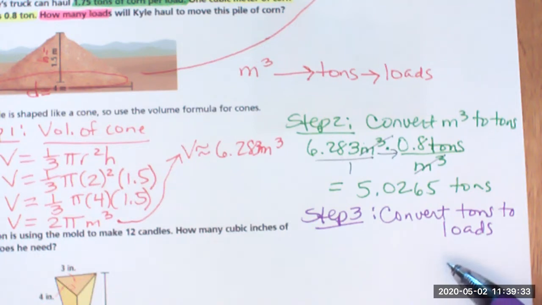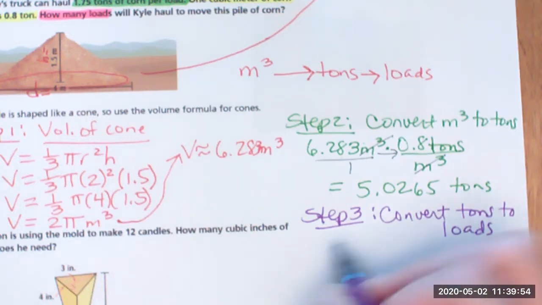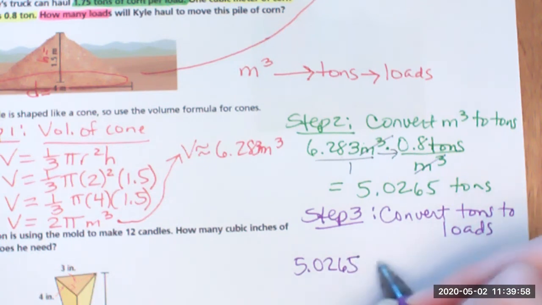But just to show you what works, and also to help you, because you'll be doing converting like this. You probably did it when you took physical science, but also when you go to chemistry, which many of you will be taking next year, you would be using a similar process to convert units, okay? So we've got 5.0265 tons. And watch what happens.